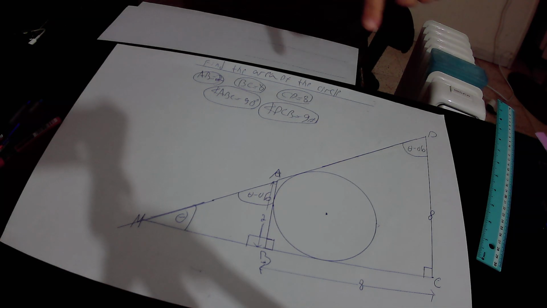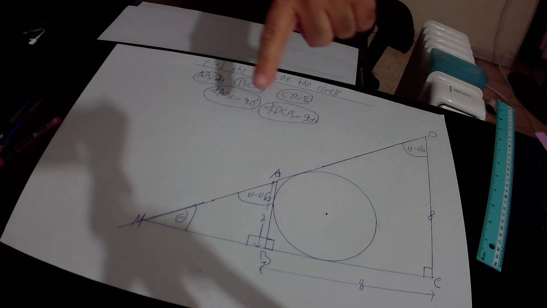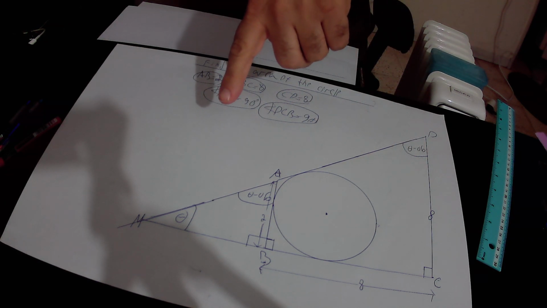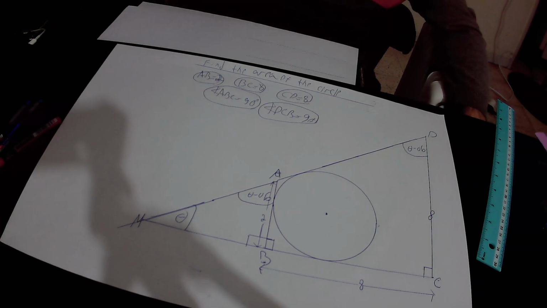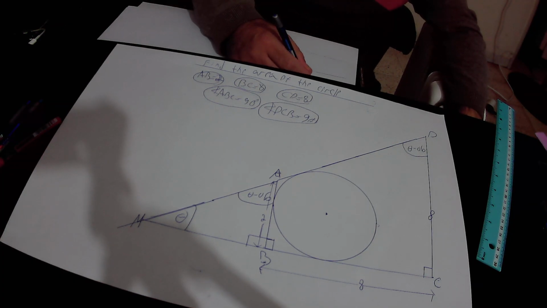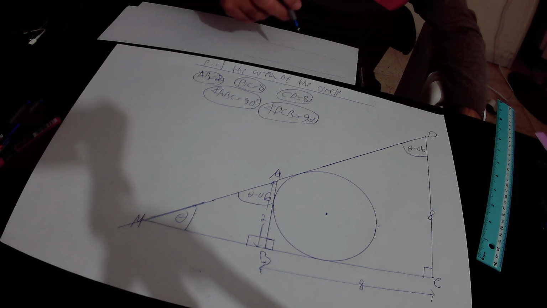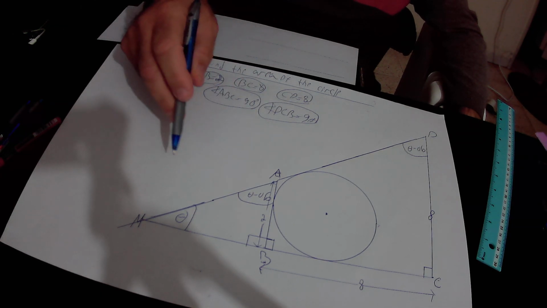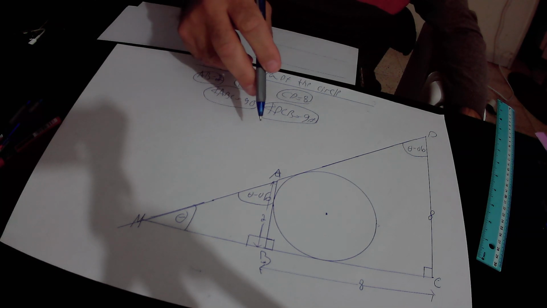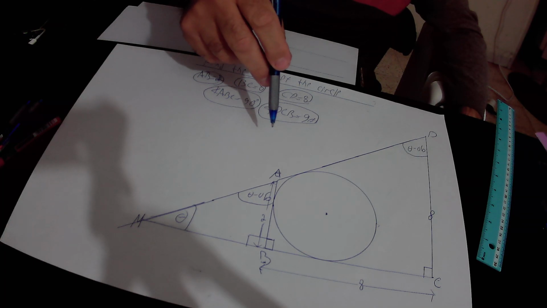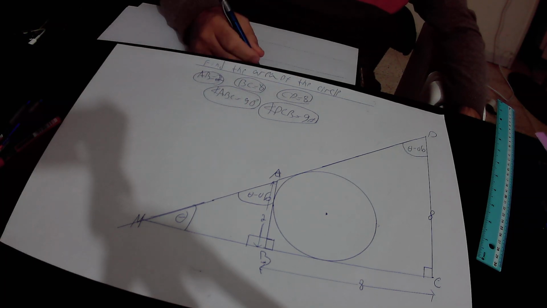Angle theta is actually angle DMC if we relate to it as it belongs to the big triangle. If we relate to angle theta as it belongs to the small triangle, it will be defined as angle AMB.